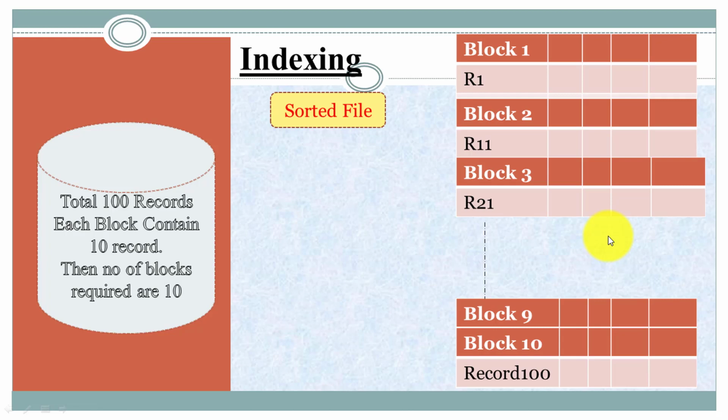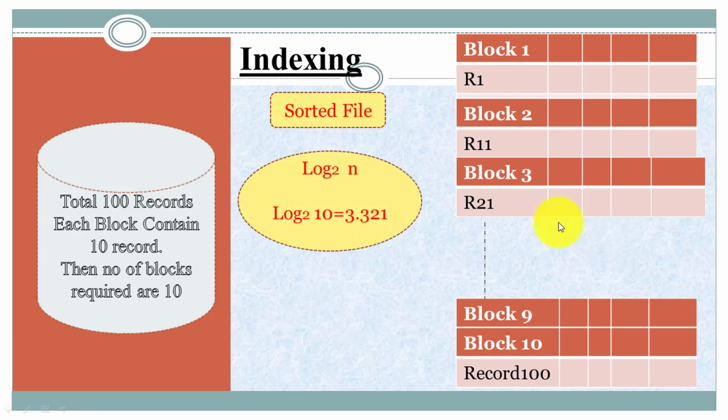Here the total number of blocks is 10, so it becomes log base 2 of n, that is log base 2 of 10, which is equal to 3.321. That means for binary search to find the correct record, the system needs to access a maximum of 3 blocks in the worst case. Searching 3 blocks takes some time, even though the file is sorted.